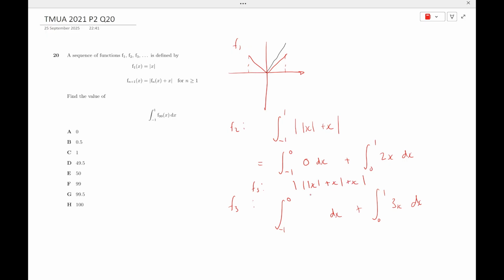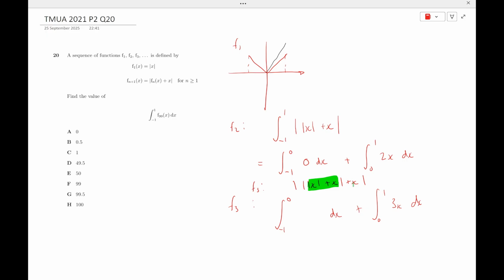And it just becomes a bit mind-bending, really, once you start throwing all these modulus signs in. But we know that these modulus signs are doing nothing when x is positive, so we can just write that as 3x. Now, we already know that this bit here is going to be 0.